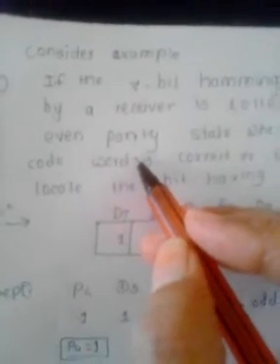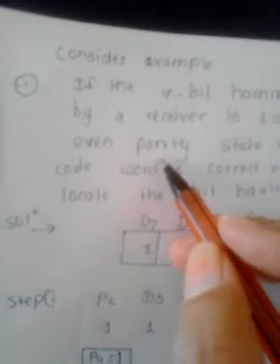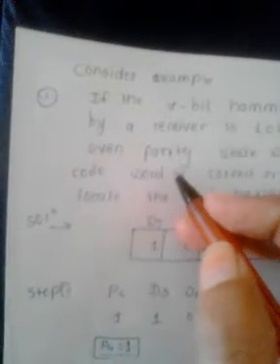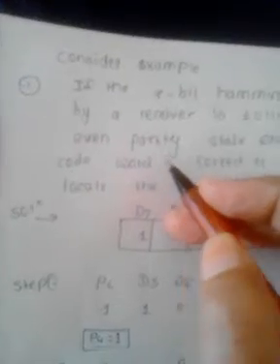Even parity means if the number of ones is even, then it is even parity. If the number of ones is odd, then this is odd parity. I will show in a problem.